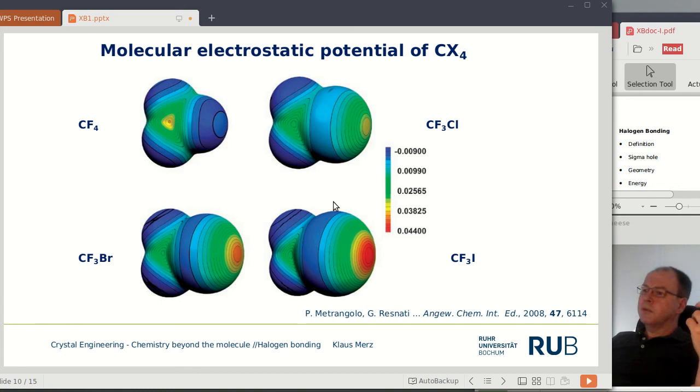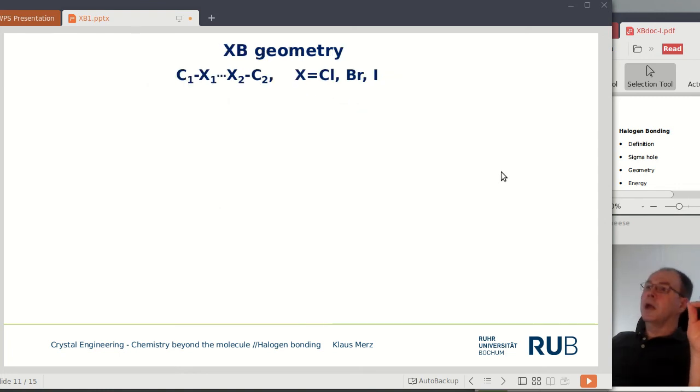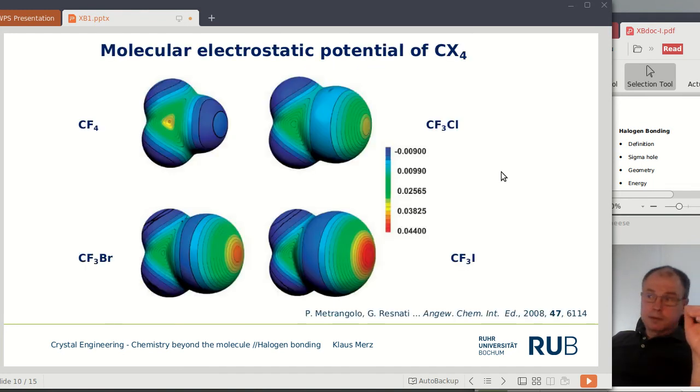If you look, for example, at CF3I, you see very nicely the difference in the molecular electrostatic potential. Here it's possible that this region is useful in halogen bonding, in contrast to here. This is the first thing, talking about the depth, the possibility.